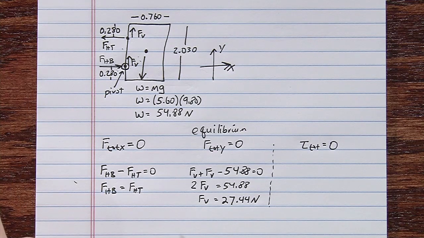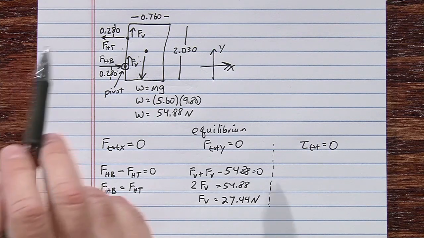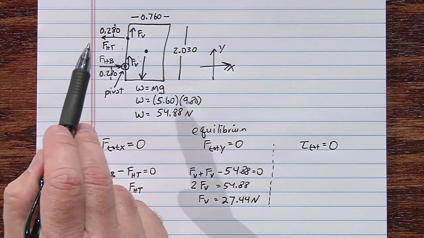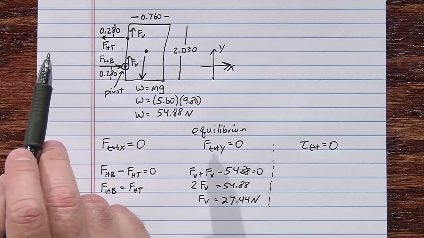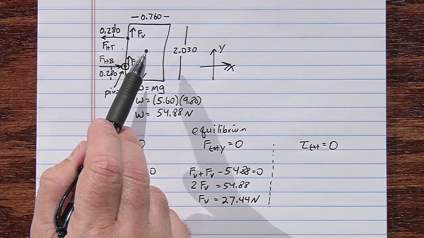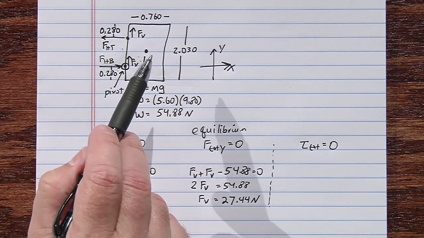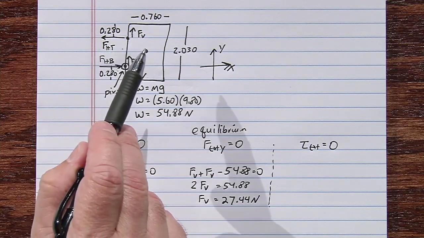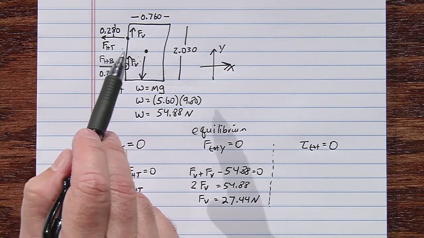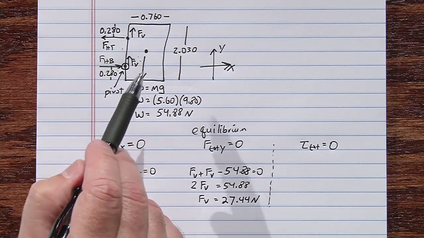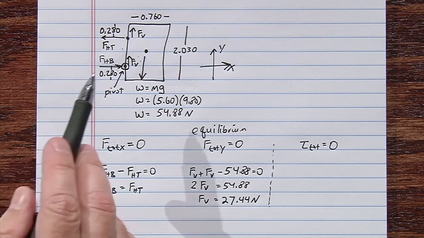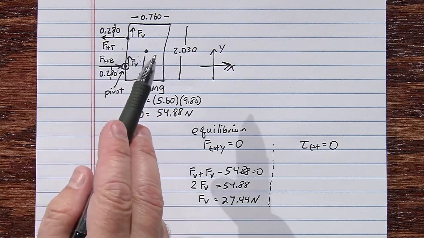So that would be a positive torque. Weight would make the door rotate to the right, which would be clockwise or negative. So the hinge is counterclockwise or positive, and weight is clockwise or negative.